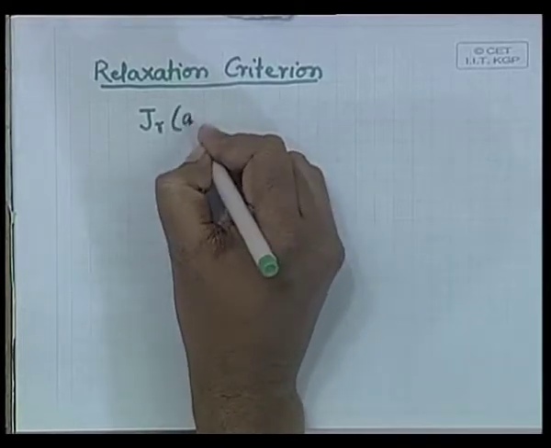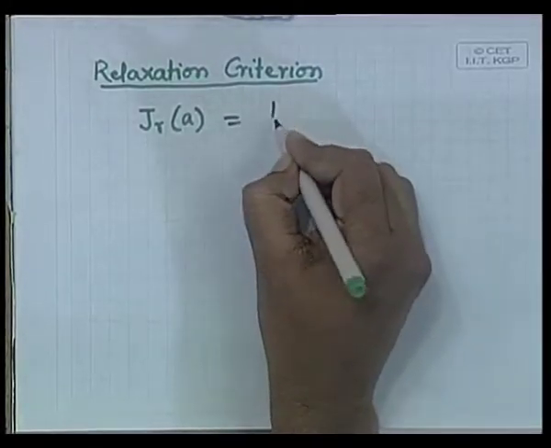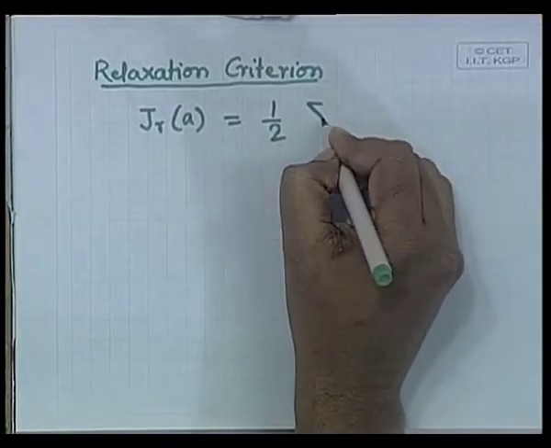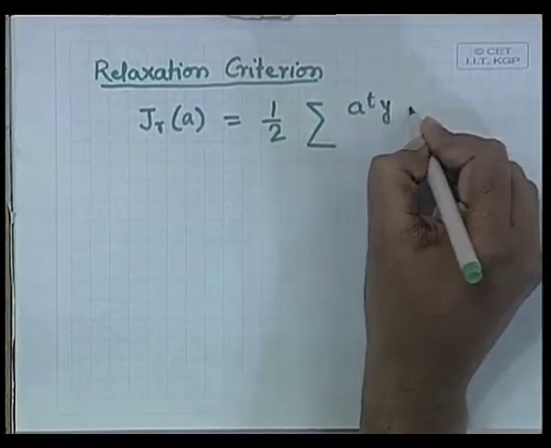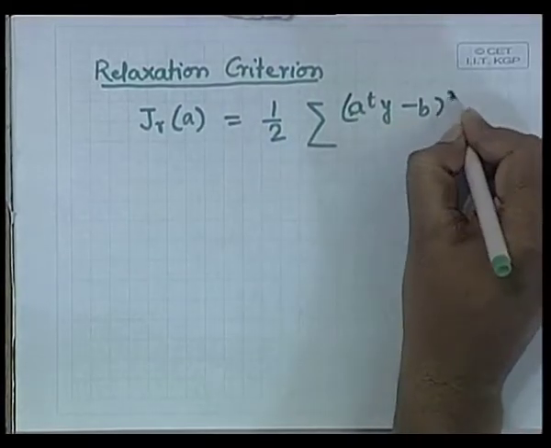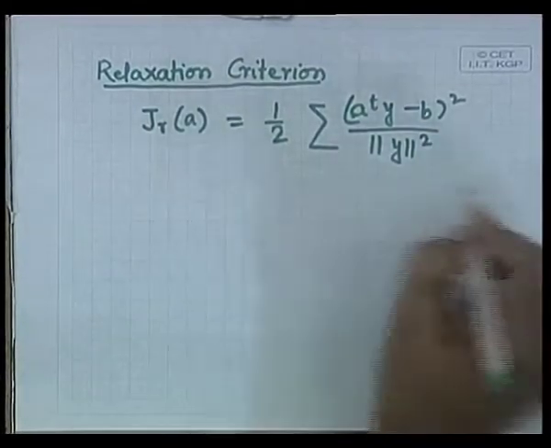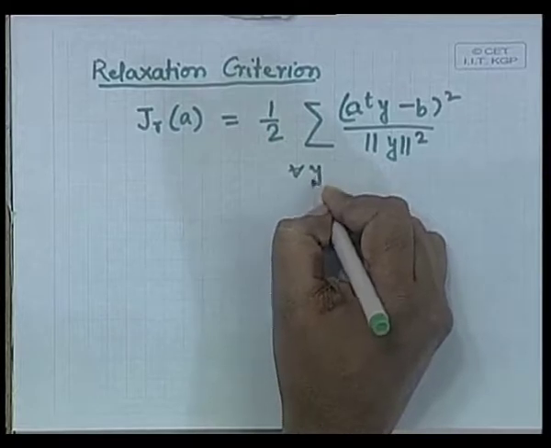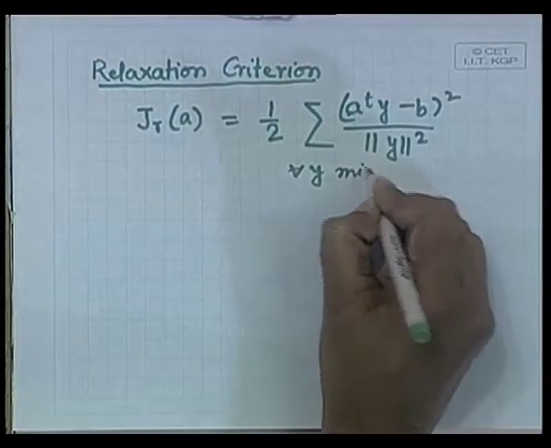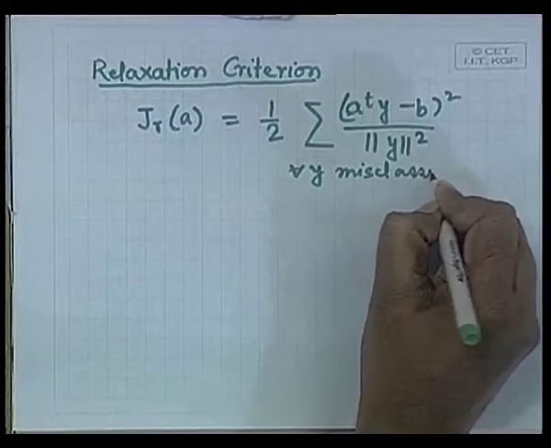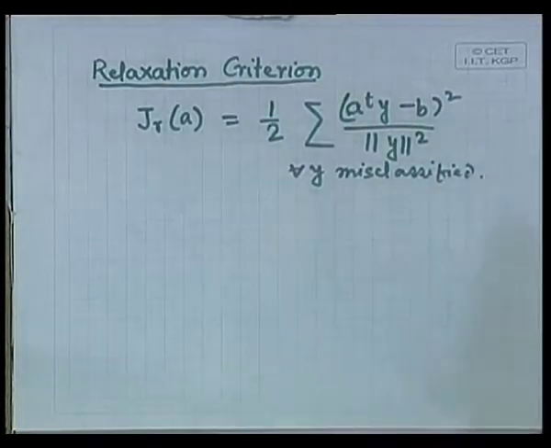In the relaxation criteria, the criteria function was modified as J r A, which is half of A transpose y minus B, whole square, upon modulus of y square. Again here the vector y is misclassified, so it has to be done for all y misclassified. But our design rule remained the same: you take the gradient of this with respect to A and then follow the gradient descent procedure starting from some initial weight vector chosen arbitrarily.